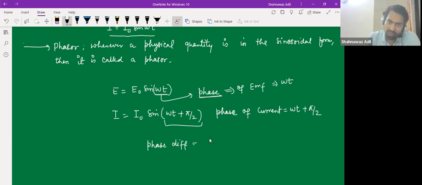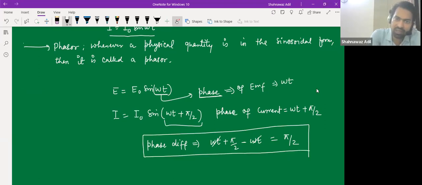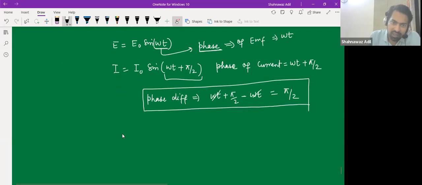So this would be omega t plus pi by 2 minus omega t. So that would be pi by 2, right? Generally we write the phase difference, okay, we'll talk about the phase difference in the next topic.